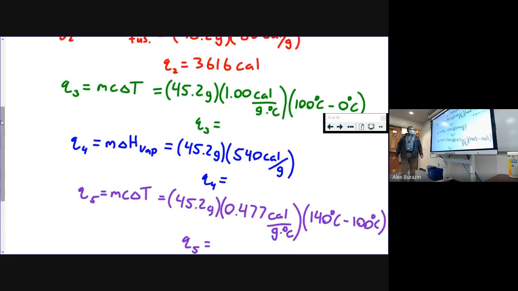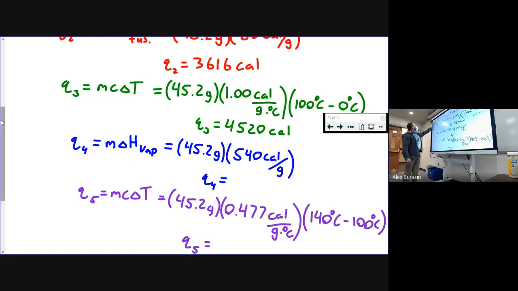Okay, I got my setup for the other three. What's Q3 equal? When we're heating up the water from 0 degrees Celsius up to 100 degrees Celsius, how much energy does that take? Okay.